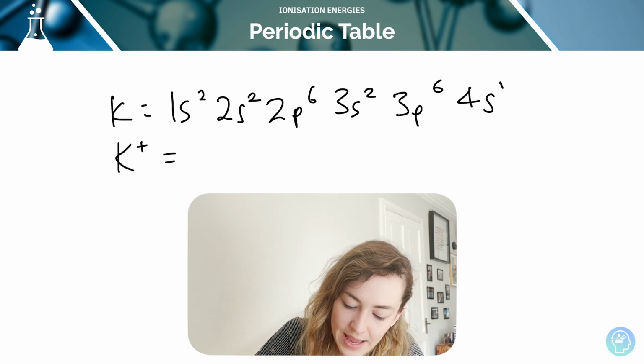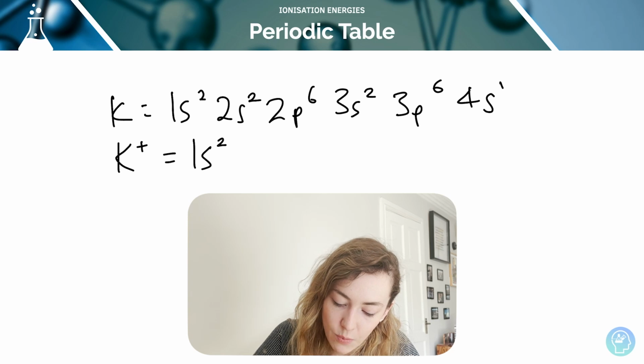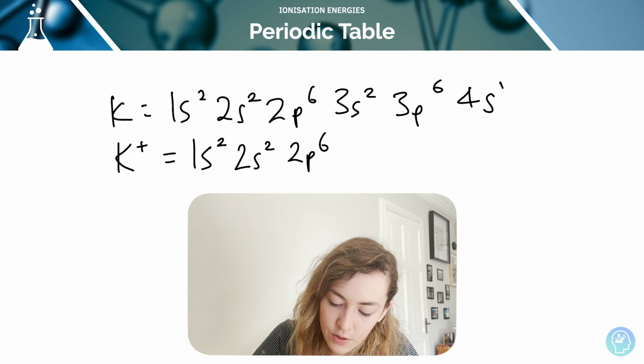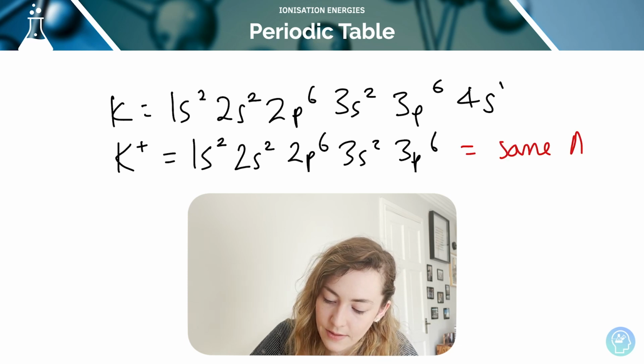Now if we take that electron away, we're going to remove it from the 4s and we're going to end up with 1s2, 2s2, 2p6, 3s2, 3p6. And this is the same as the configuration of argon.